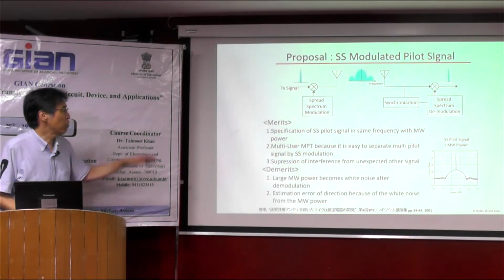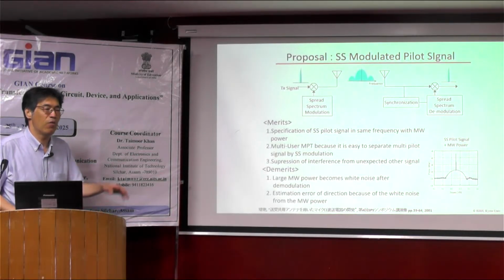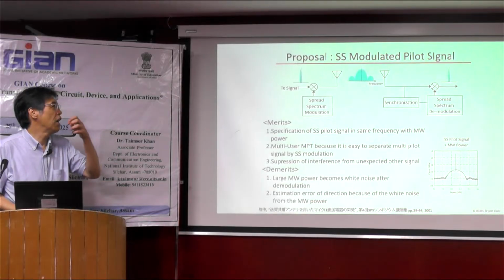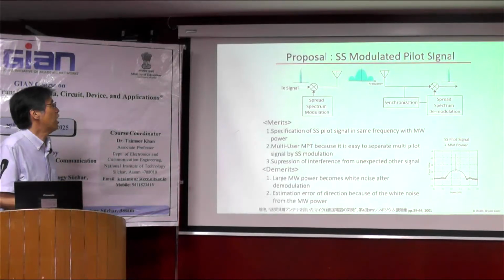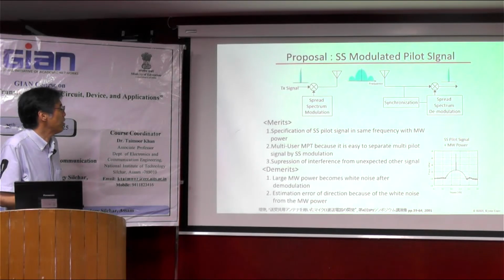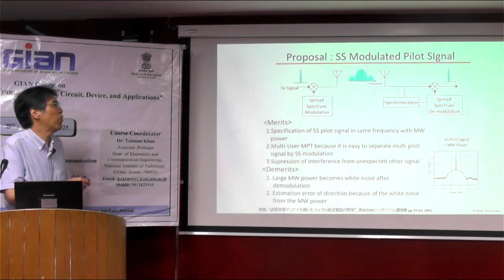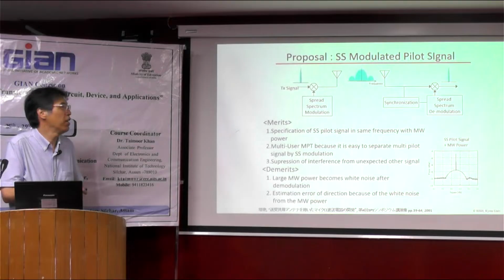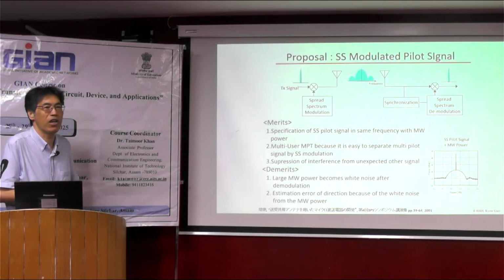For example, to suppress the interference between the pilot signal and the high-power microwave beam, about 20 years ago at Kyoto University, one professor proposed a spread spectrum modulated pilot signal as the weak transmitting signal.